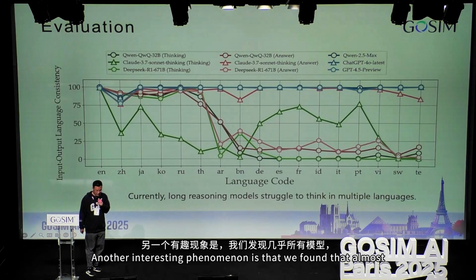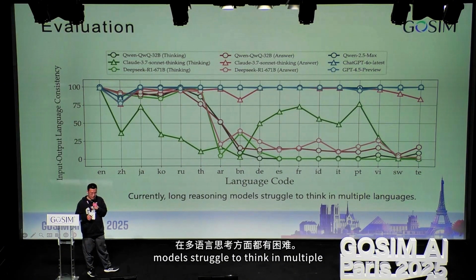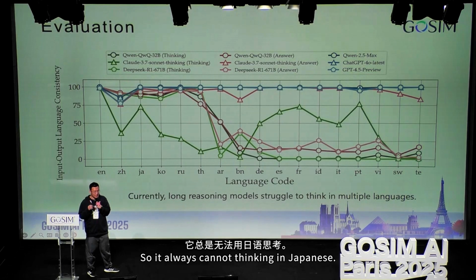Another interesting phenomenon we found is that almost all large language models, especially thinking models, the long reasoning models, struggle to think in multiple languages. For example, when we give a Japanese prompt to the model, it often cannot think in Japanese.